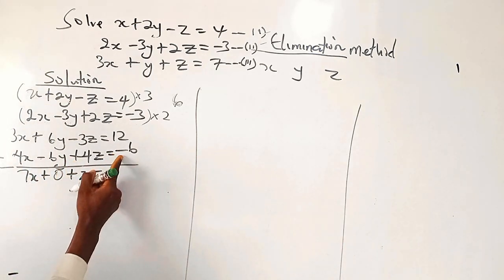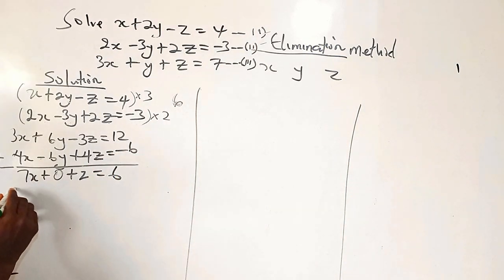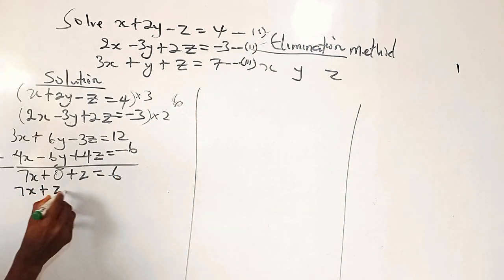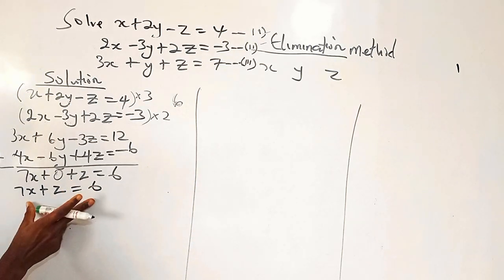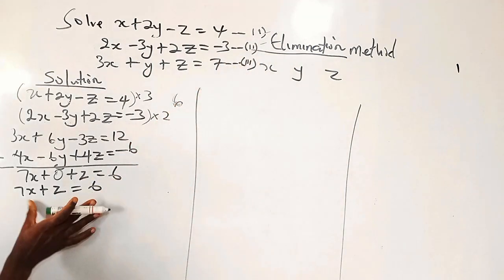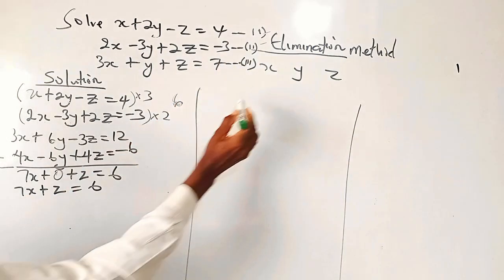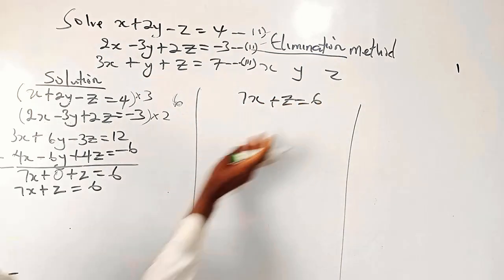And 12 minus 6 is 6. So here I have 7x plus z equals 6. This is the result from resolving equation 1 and equation 2. So let me write this as 7x plus z equals 6.